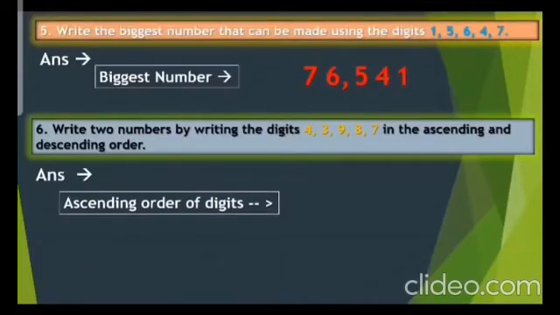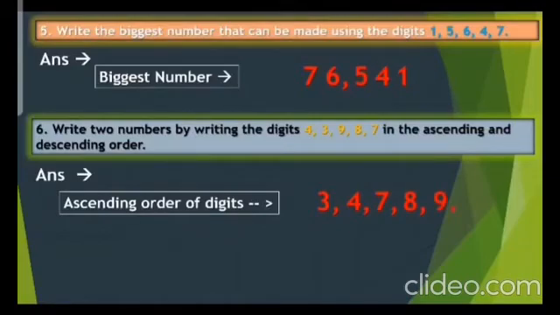Can you tell me? Yeah, very good. 3 is the smallest number. So, first we'll start with 3. After 3 will come 4. After 4 will come 7. Very good. After 7, 8. And the last will be 9.